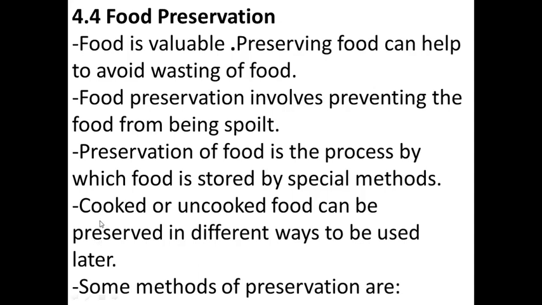Then I have mentioned here, cooked or uncooked food can be preserved in different ways to be used later. Not only cooked food, uncooked food also we can preserve by using different methods. So let's start.